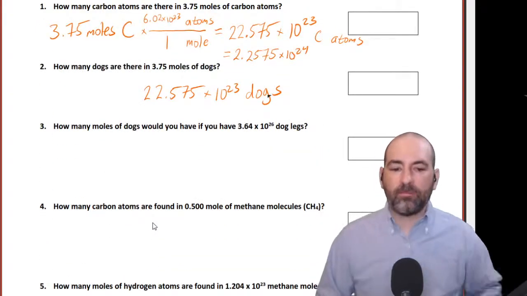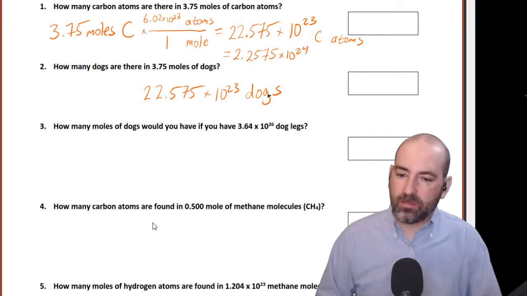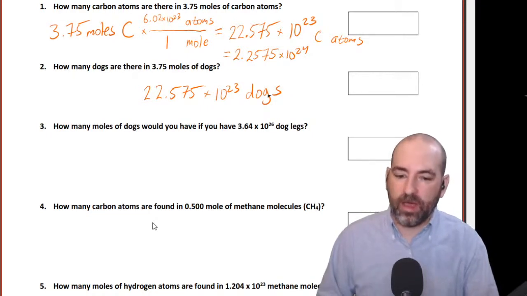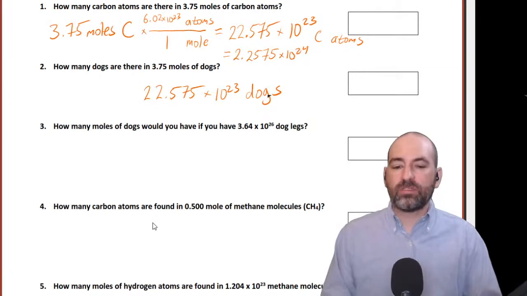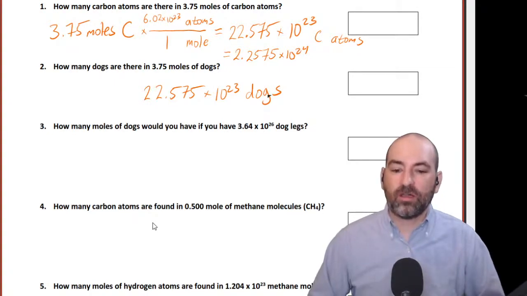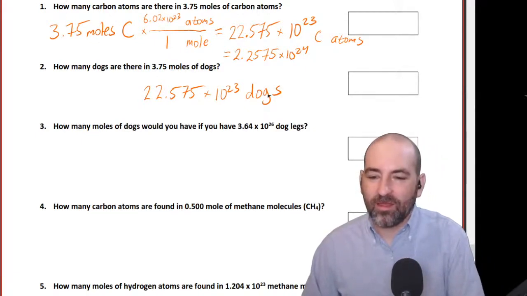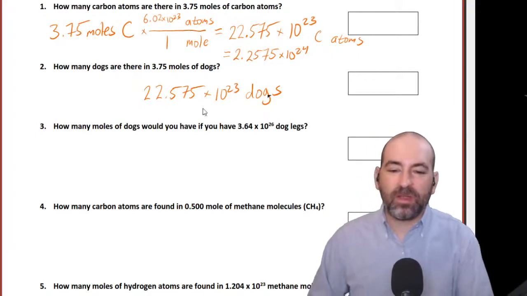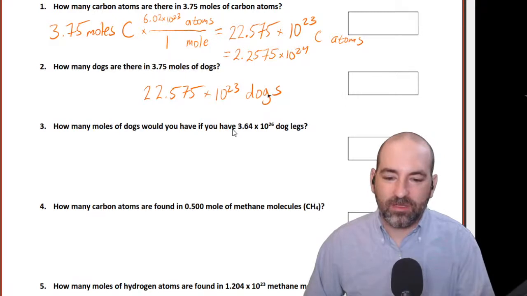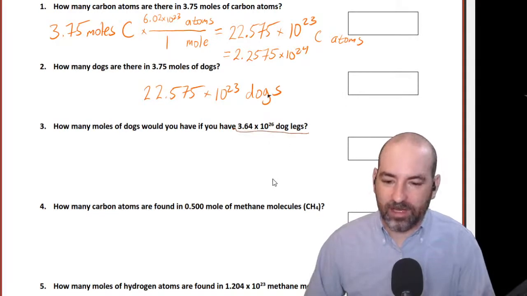All right. Now let's look at when that changes a little bit. How many moles of dogs would you have if you have 3.64 times 10 to the 26 dog legs? Which is a bizarre question for sure. So again, we don't want to get messed up here. We want to recognize that we are being told something about dog legs.